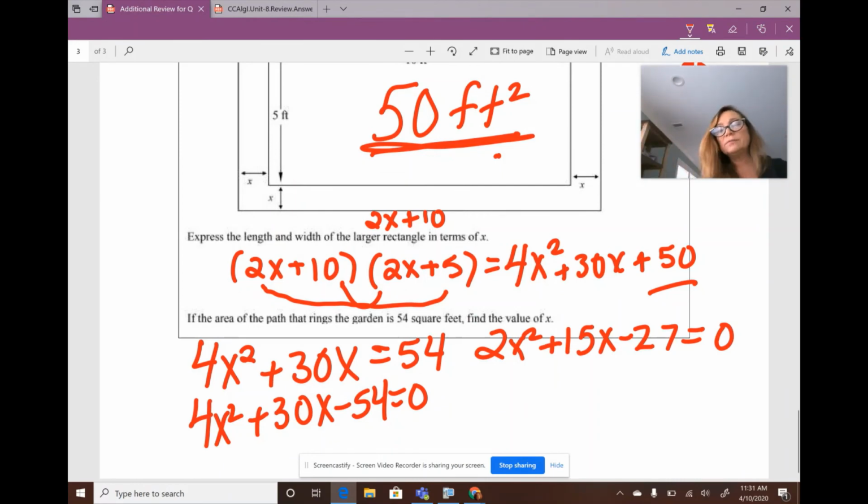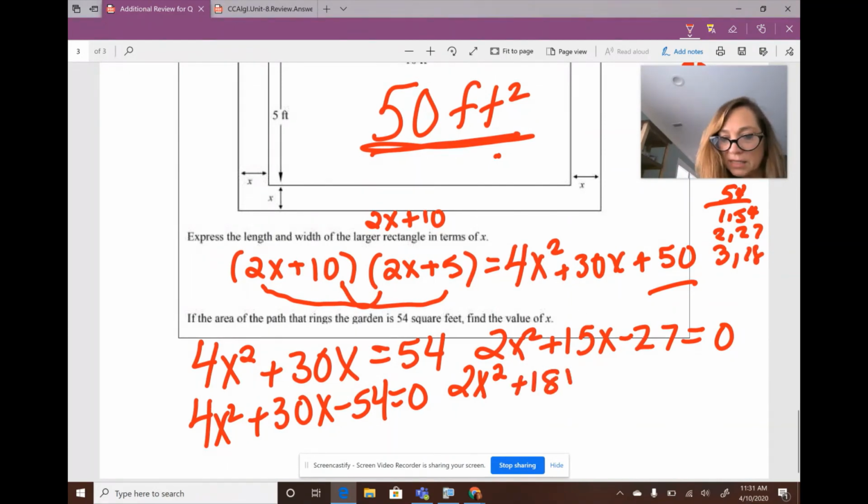Okay. All right. So 2x squared, 54. Factors of 54. 1 and 54, 2 and 27, 3 and 18. 3 and 18, plus 18x minus 3x minus 27 equals 0.